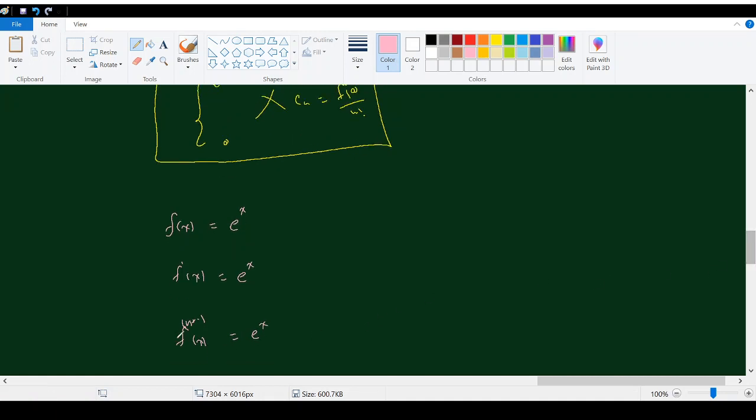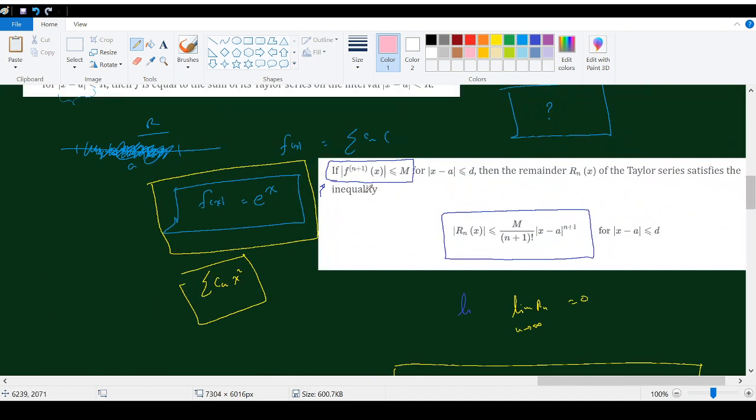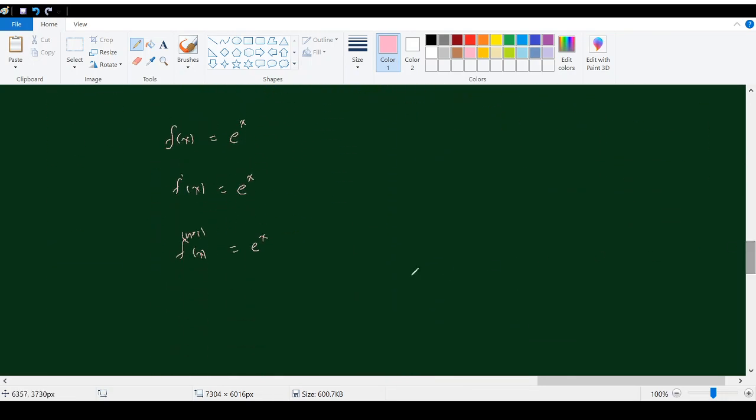I took the (n+1)th derivative because in the result we need the (n+1)th derivative, right? And then we need this condition. We need this derivative to be less than or equal to some number for a given range of x.